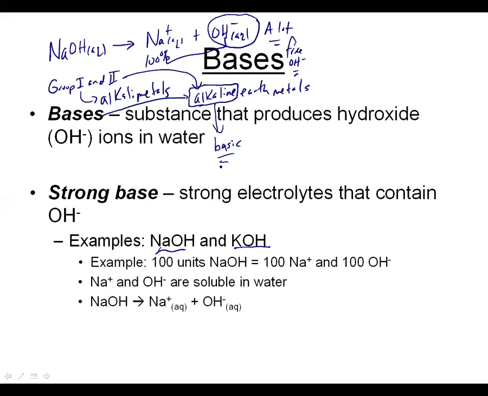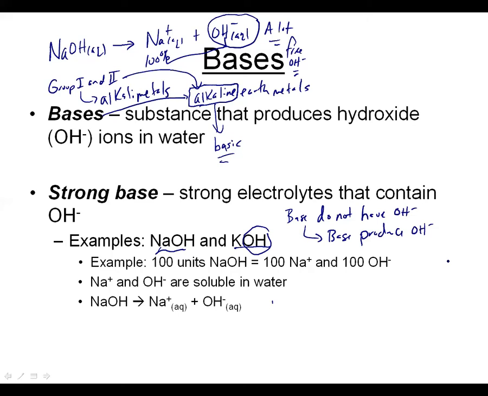Now, not all bases have to actually have hydroxide in them. There are some bases that do not have hydroxide in them, but they are still considered bases because they can produce hydroxide. An example of that is NH3, which is ammonia. Again, ammonia, not ammonium.